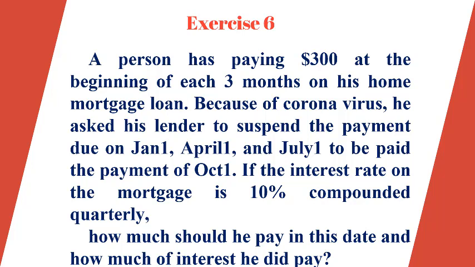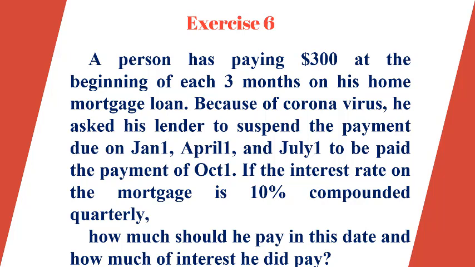Another example, exercise number 6. A person has paid $300 at the beginning of each 3 months on his home mortgage loan. Because of coronavirus, he asked his lender to suspend the payments due on January 1, April 1, and July 1 to be paid with the payment of October 1.